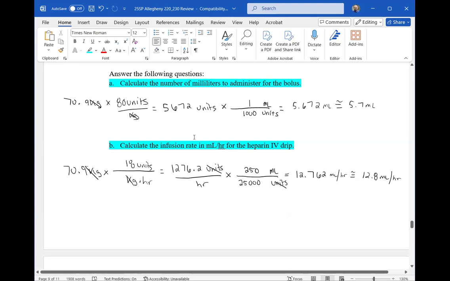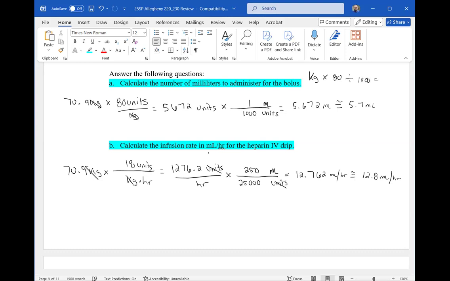And then the shorthand is, if I'm calculating a bolus and you just want to quickly get an answer, you're going to take the patient's weight in kilograms. Okay. So I'm just going to say kilogram weight. Then you're going to multiply by 80 and then divide by 1,000.